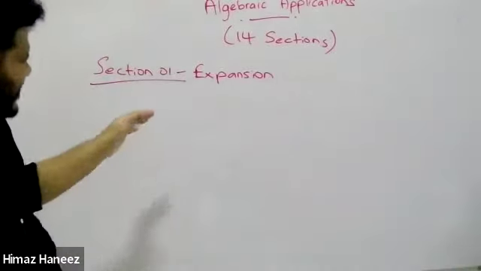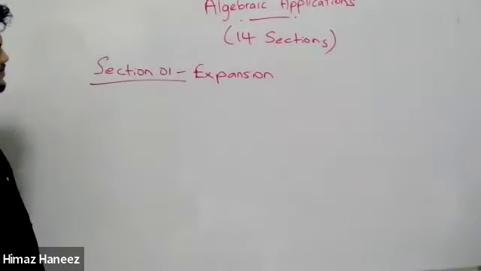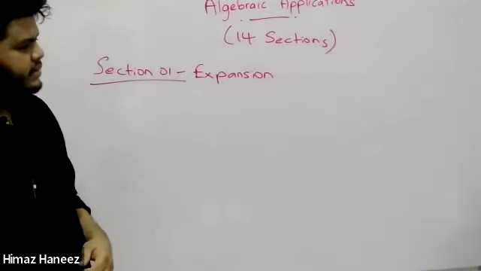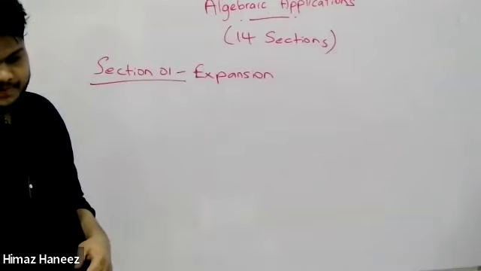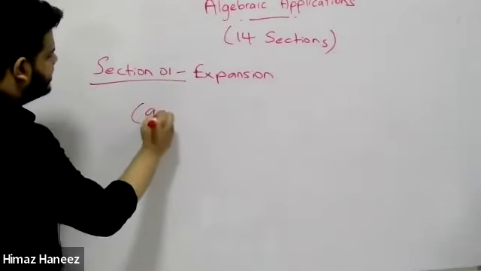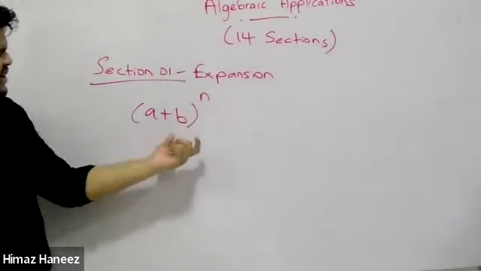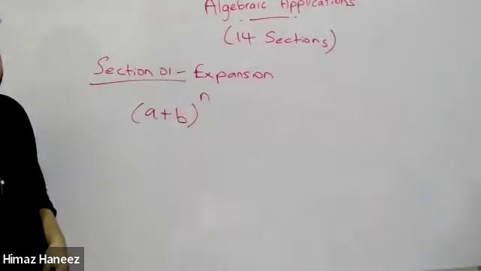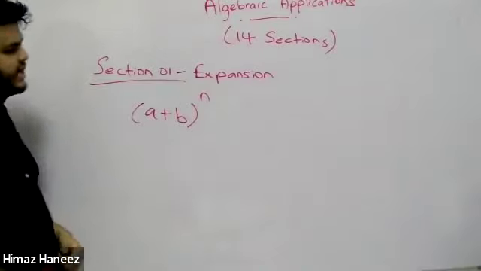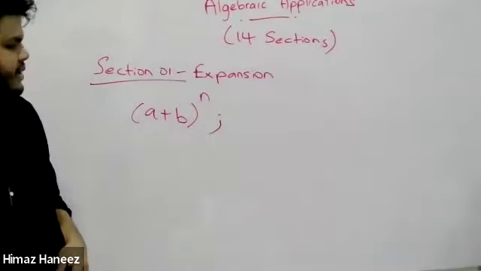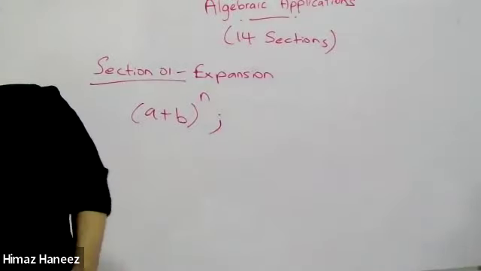After writing section 1, expansion, write a plus b to the power n. After that, write a semicolon.